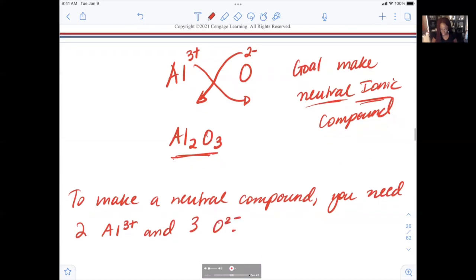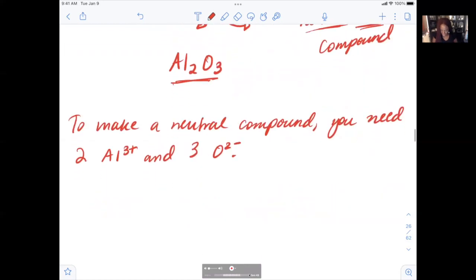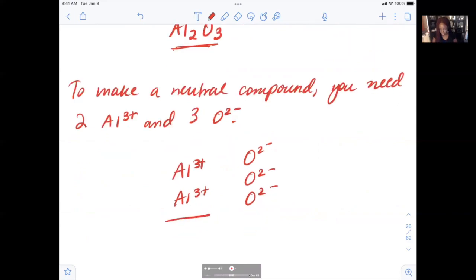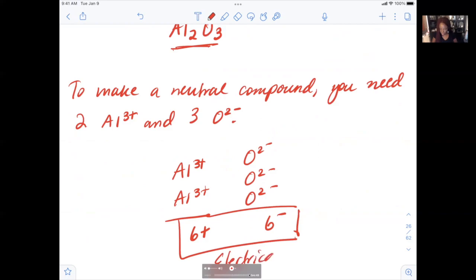If I were to write it down mathematically: Al3+, Al3+, O2-, O2-, O2-. When I add up the charge here, I get 6+. When I add up the charge here, I get 6-. Remember, our goal is to combine these two to make an electrically neutral compound. And we have done so.